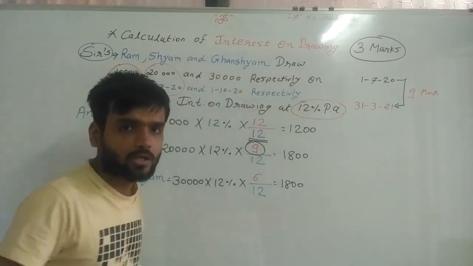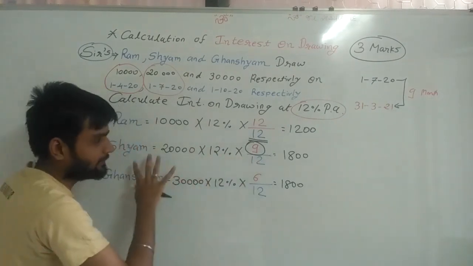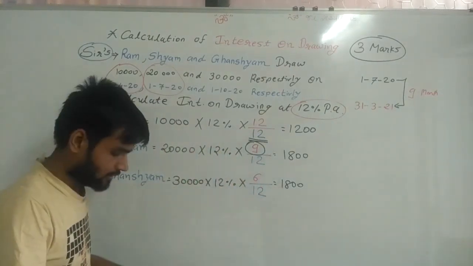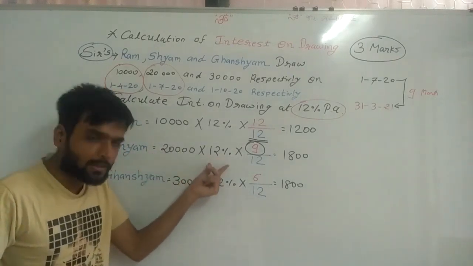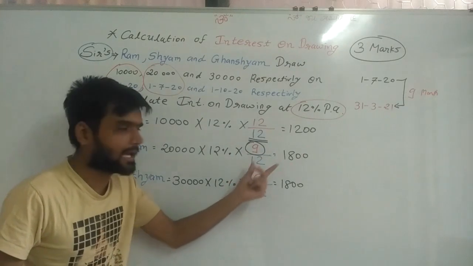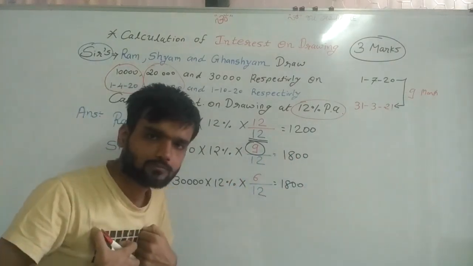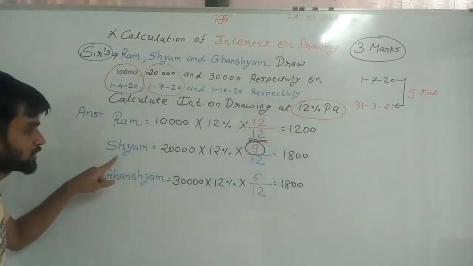Here we need to calculate 9-month interest. So into 9 upon 12. Remaining amounts are as they are. So 20,000 into 12% into 9 divided by 12. Answer is 1,800 rupees. So if we are the firm, then I need to collect 1,800 rupees from Shyam.